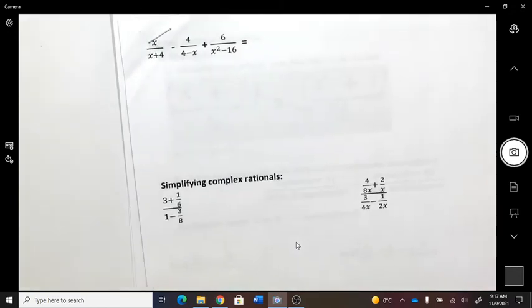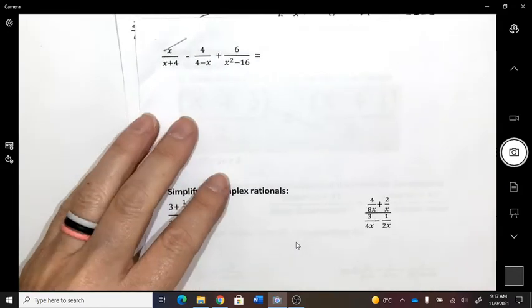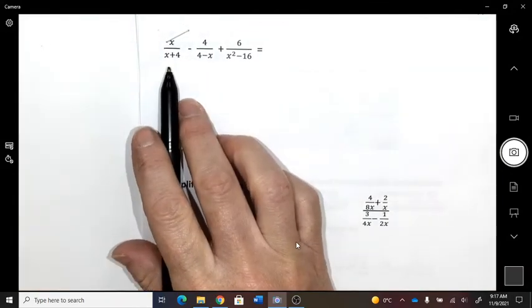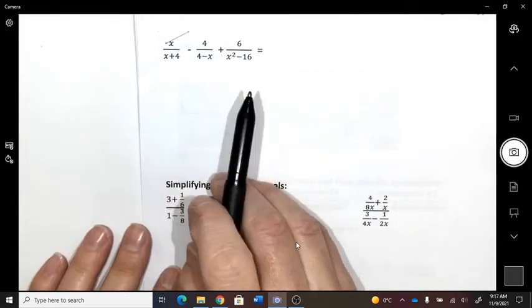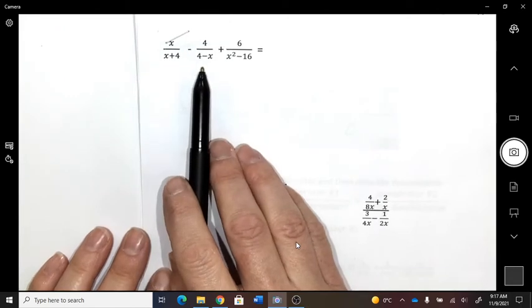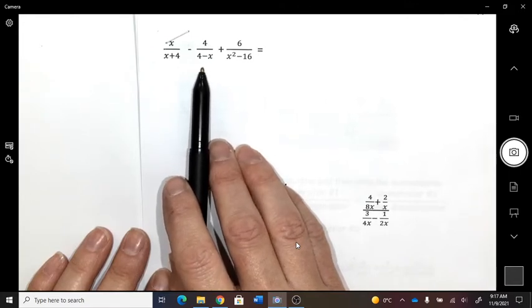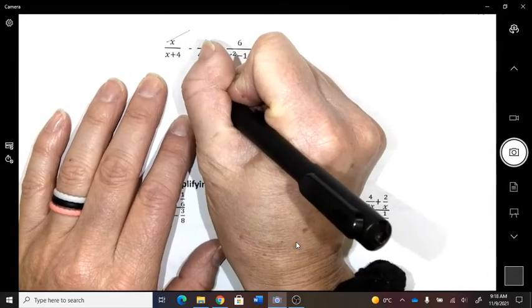Okay, so here's my example. So let's factor the bottom. Okay, so the first fraction, bottom, nothing to do with it. It's just x plus 4. Second fraction. This is one of our styles. Do you know which style it is? Negative out. I don't like having negative with my x. So -1 bracket.